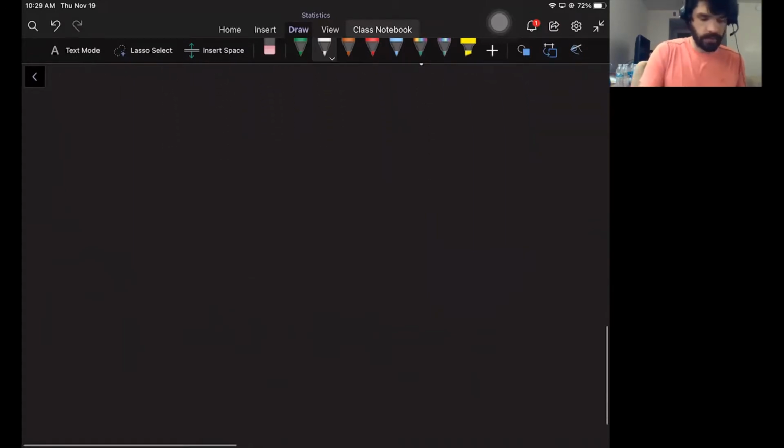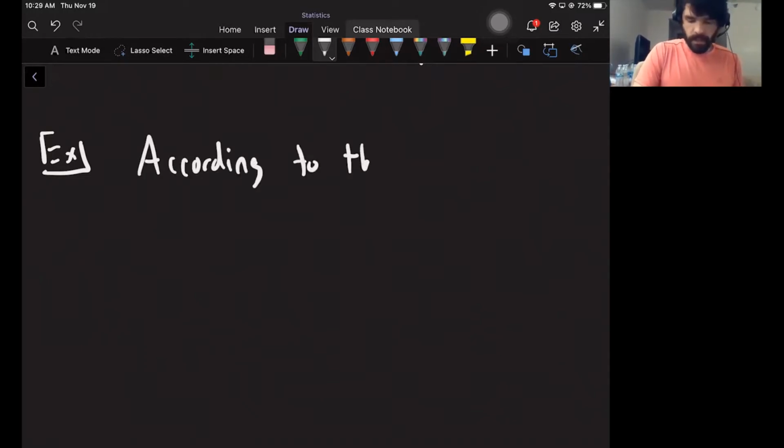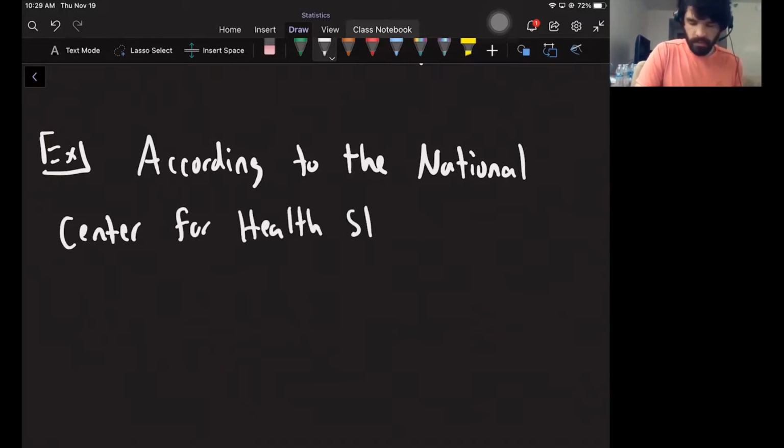So let's do an example that displays what's going on. Here's how it's going to go. The idea is that you're going to be given or assumed an actual proportion. So here's a situation where we're doing that. Somebody else has previously figured out the population proportion.